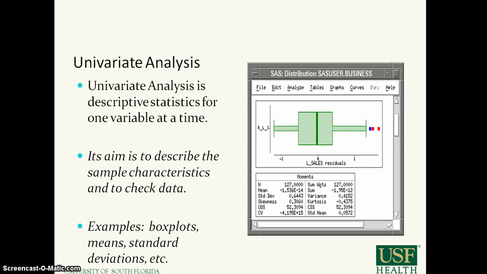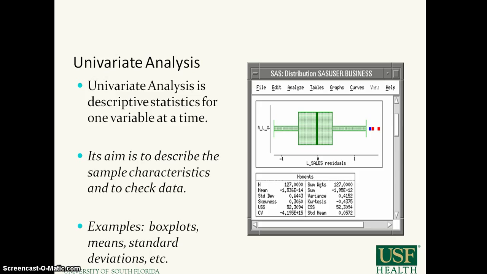For example, the average age, the proportion of males versus females, education levels, income levels, et cetera. So after univariate analysis, we immediately get some sense about what this study sample is like.